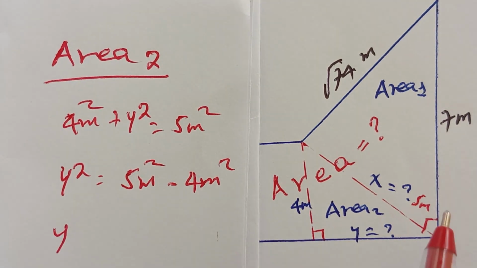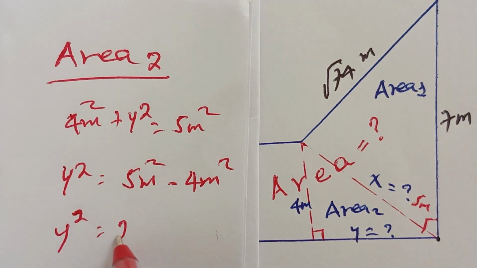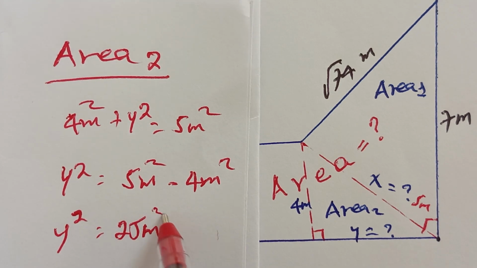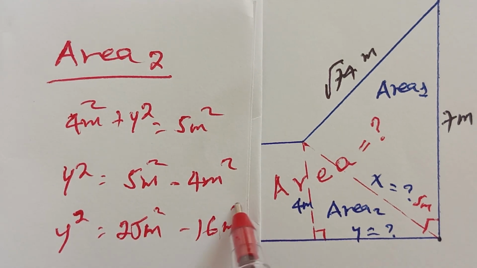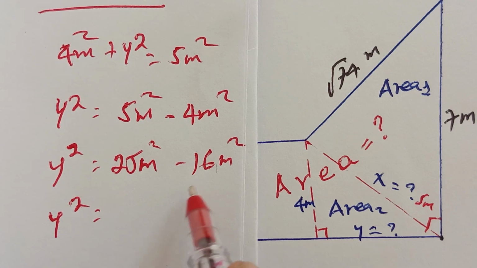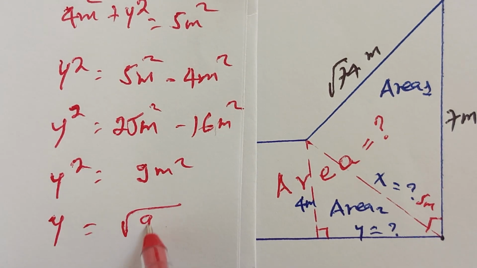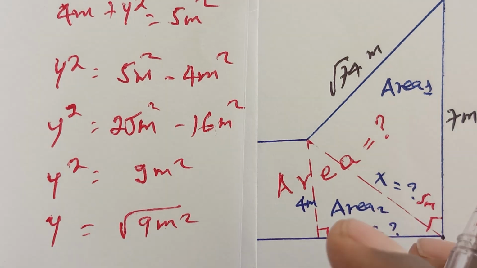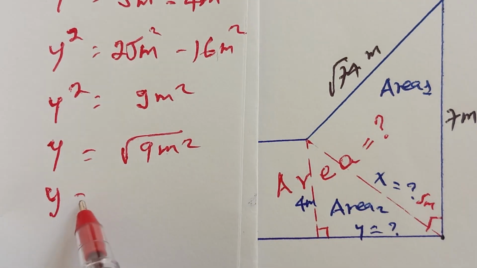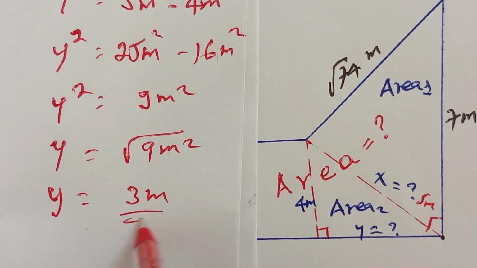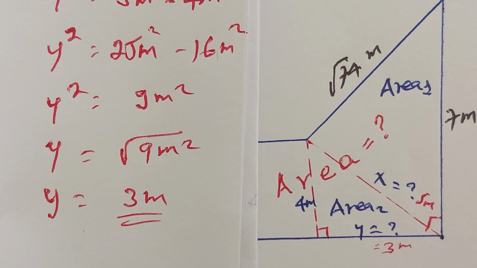So y square is equal to 25 minus 16, which is equal to 9 meter square. y is equal to under radical 9 meter square. So this y value is equal to 3 meter.